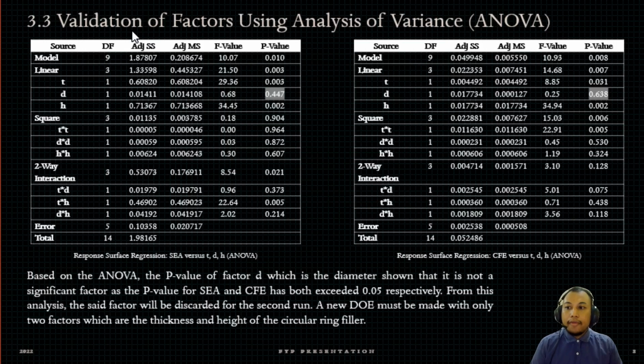After that, I have validated these factors using analysis of variance to determine the significance of each factor, thickness, diameter and height. The p-value will determine the significance of the factor. It is said that a p-value higher than 0.05 means that the significance of the factor is less than 95%, which means any factors that have a higher value than 0.05 will be excluded in the next run.